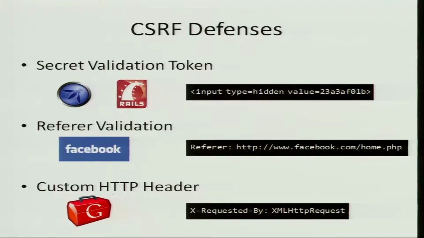The forged request generated from some code that you downloaded does not have access to that random number generator, or whatever mechanism you have to create the secret validation token, and therefore it cannot pass the validation check on the server side, and the forged request may be denied.